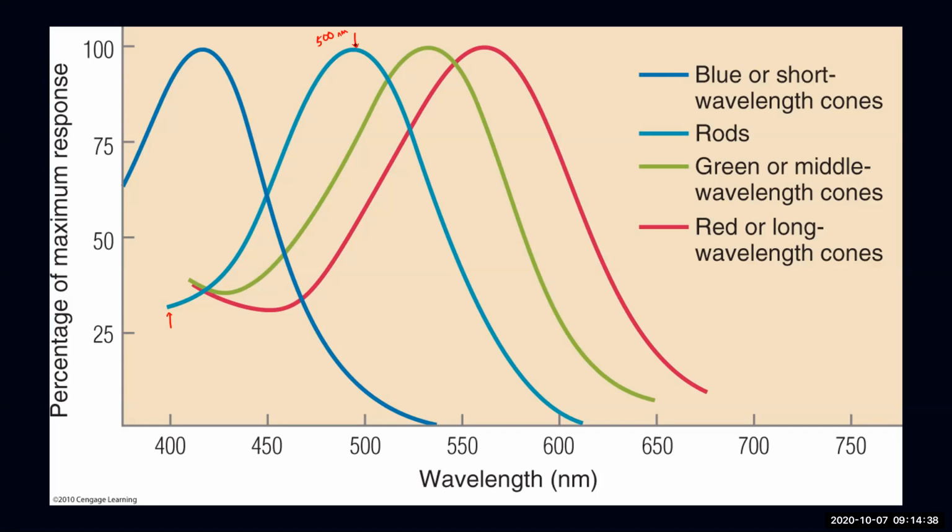Now you'll notice that none of these respond just to one wavelength of light. Right? They respond to a range. But if we get away from the peak response, the wavelength at which we get the peak response, we get this decline. All right, so rods are here.